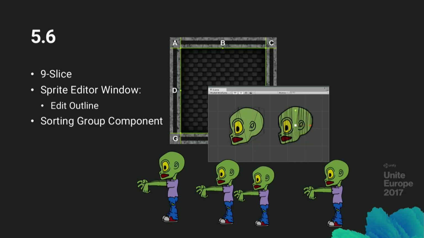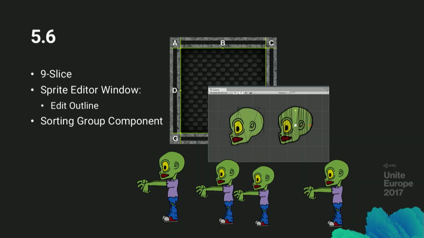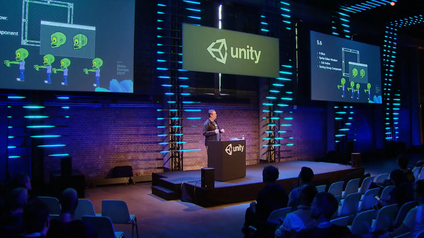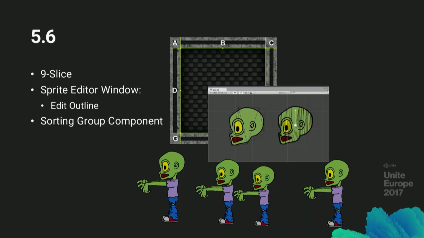So we did this as a component. A good example of this is a character. If you see the creatures at the bottom, each of the segments is a different sprite, and you want to make sure they're always rendering together as a group. So if you have a few of them, you want to have them rendering as a group on top of each other. The reason you have the sprites separate is, of course, because you're doing animation.